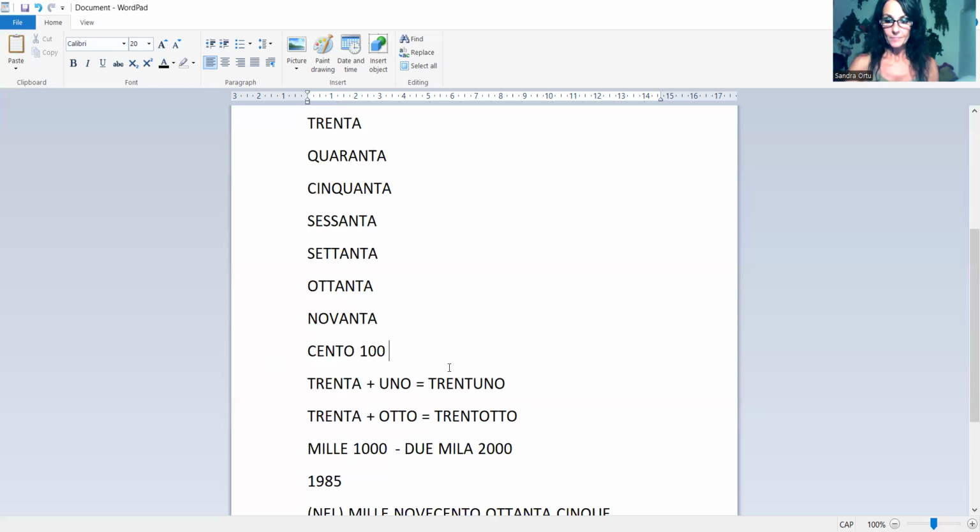Only when we have 200, 300, 400, keep in mind the O never becomes plural, it stays cento. We only add the numbers from 1 to 9. And I repeat, 100 is cento, nothing else.